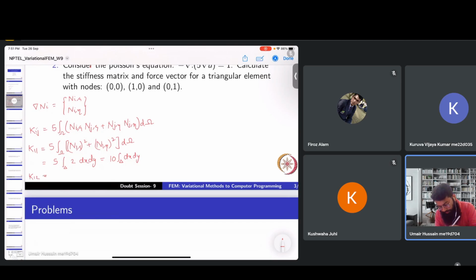We'll just find K12. So that would be N1 comma xi N2 comma xi plus N1 comma eta N2 comma eta.